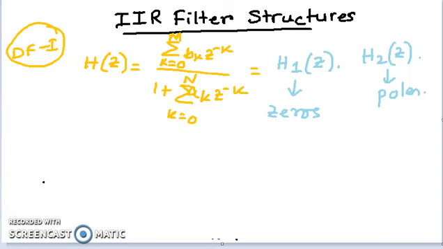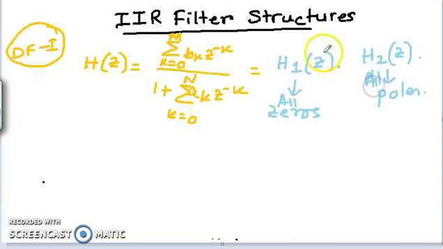In direct form 1, this is the filter structure. I am dividing it into the zeros and poles in two parts. So we can write that this part is the zeros and this part is the poles, and I can write it in two transfer function forms. One is only representing the zeros, that means it is an all zero system, and this is an all pole system.